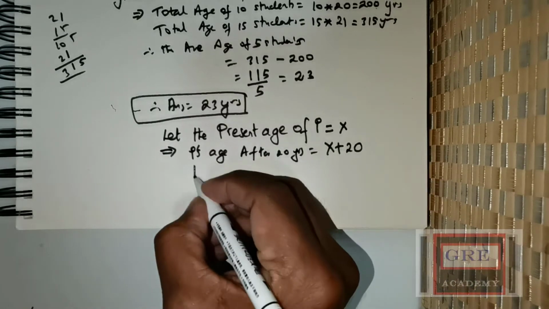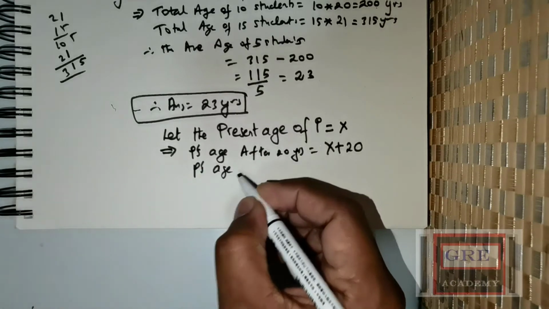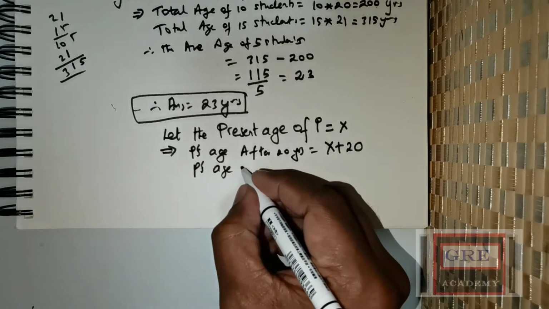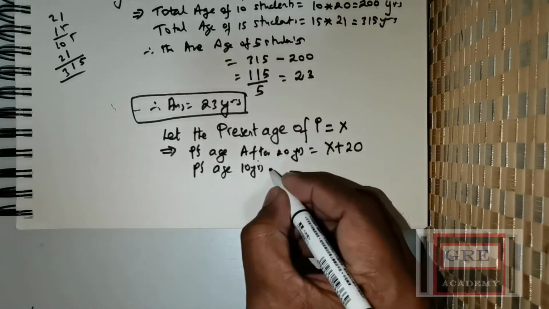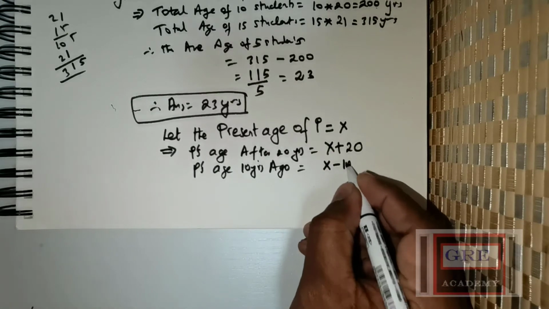Then P's age 10 years back, 10 years ago, will be x minus 10.